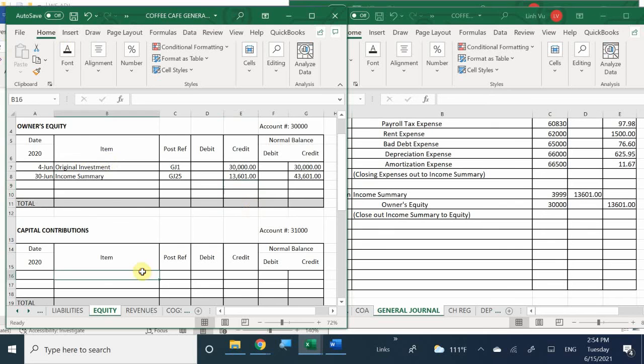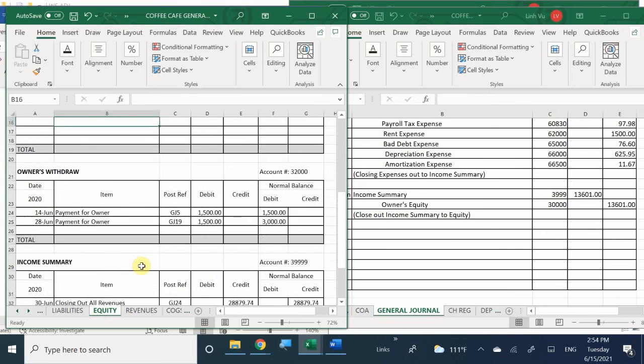Here I'm also going to be zeroing out my owner's withdrawal out to my equity. So I'm going to say closing. How much do I need to close out of my owner's withdrawal account?